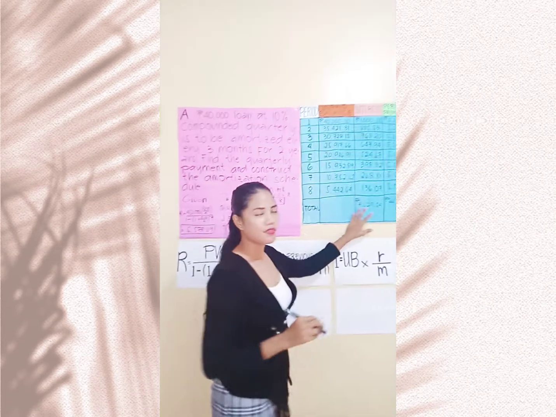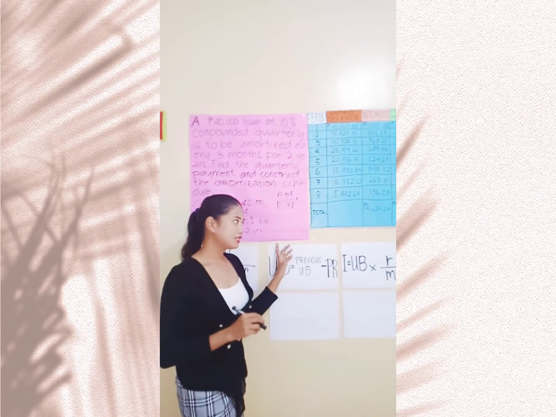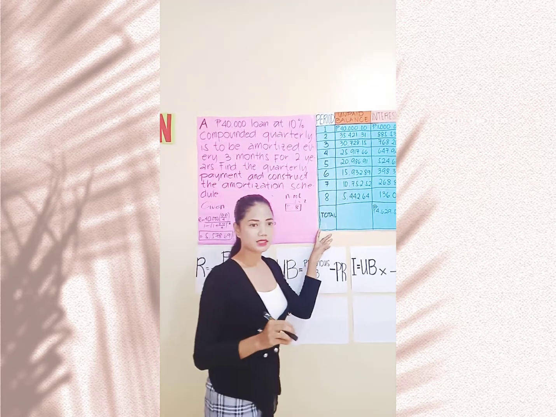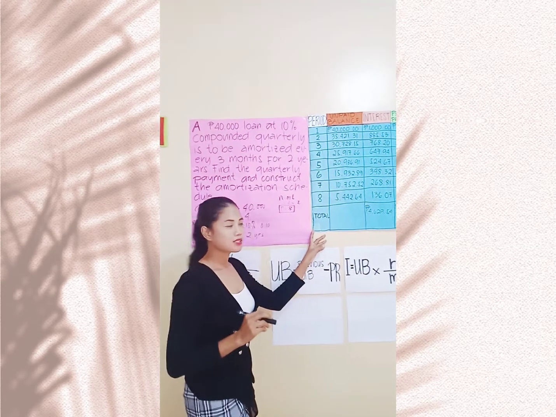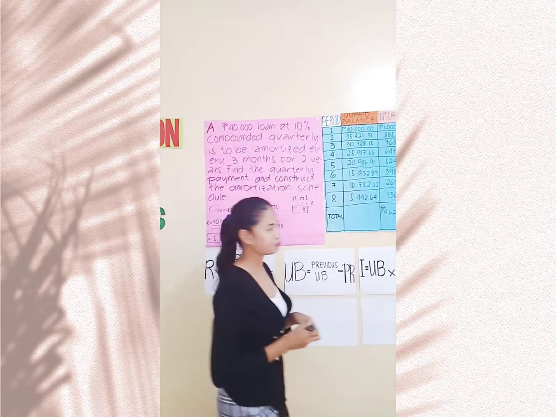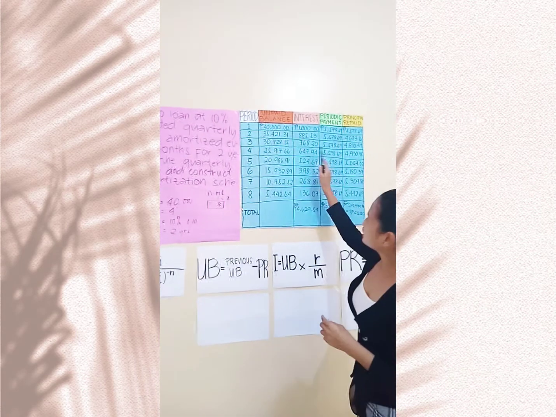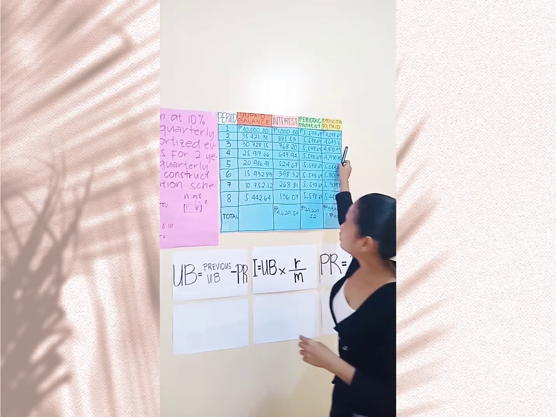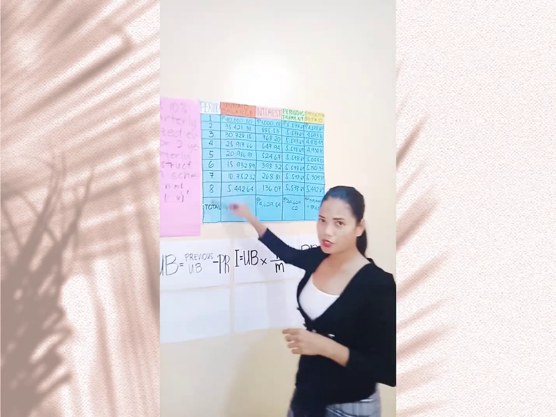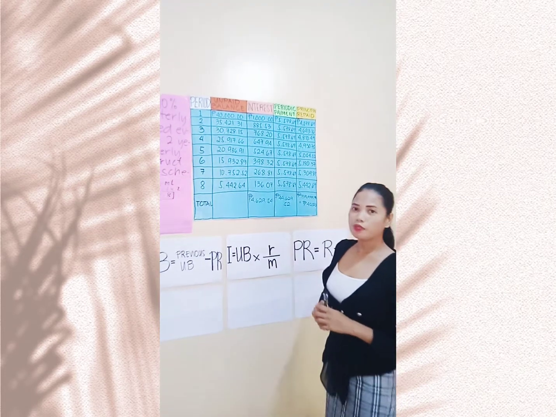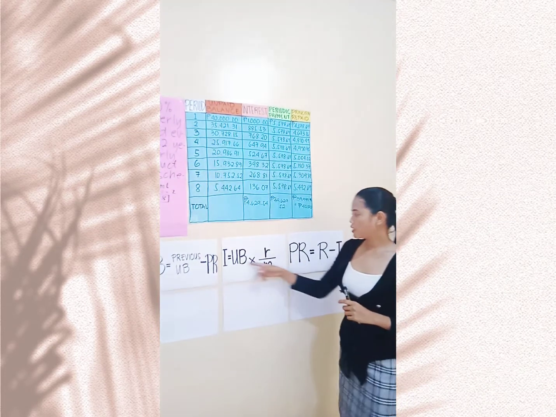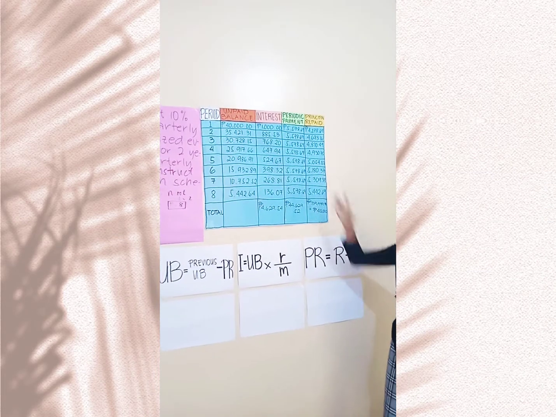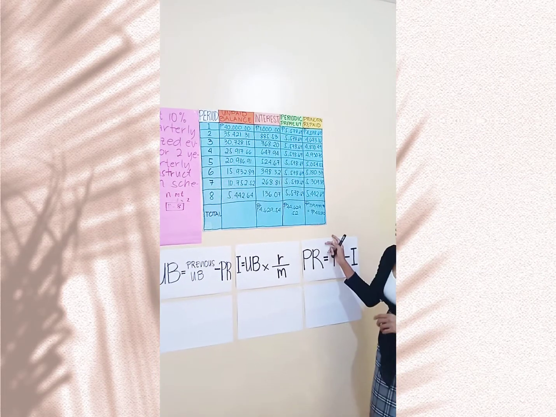Meaning the amortization schedule reduces the current balance on the account through installment payments. So how do we get these values by period? We will use annuity formulas to get those amounts by period.